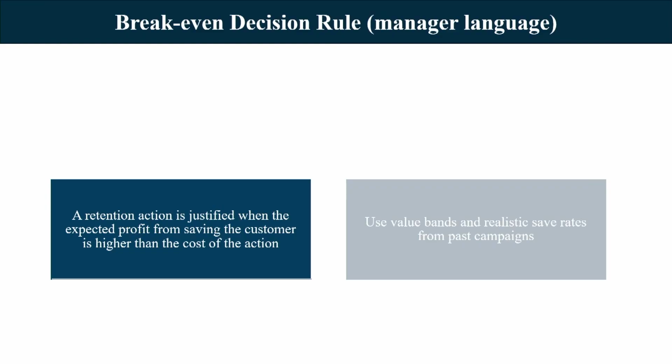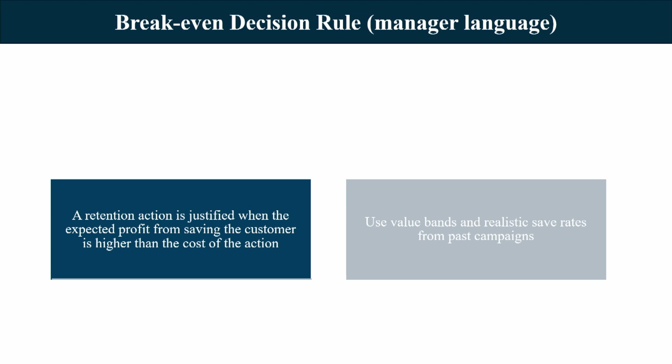Now, from a retention or churn point of view, we also need to understand the break-even decision rule, which is the language of the manager. The manager will only understand this cost-benefit analysis: this is the intervention I am proposing, and due to this particular intervention, the incremental value that the organization is going to get is this much, and this value is well above the cost associated with the intervention, and that is why you should take this decision.